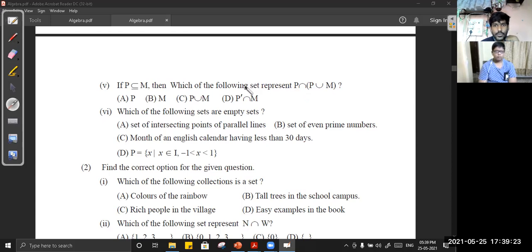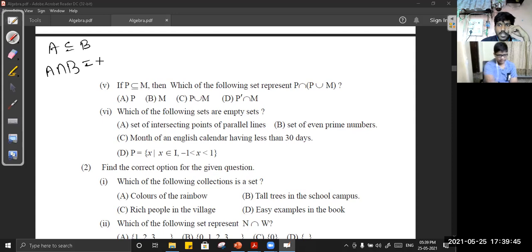We had done one property, do you remember? If A is a subset of B, then A intersection B is what? Which one is smaller? A. And what about A union B? Both sets together.